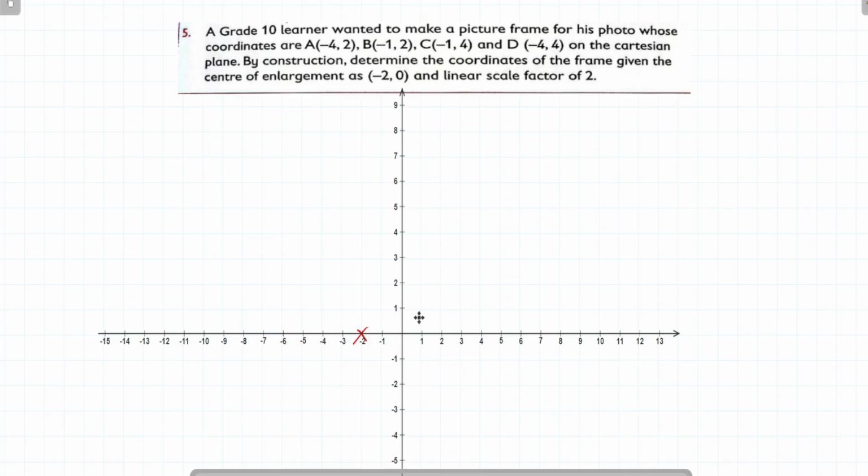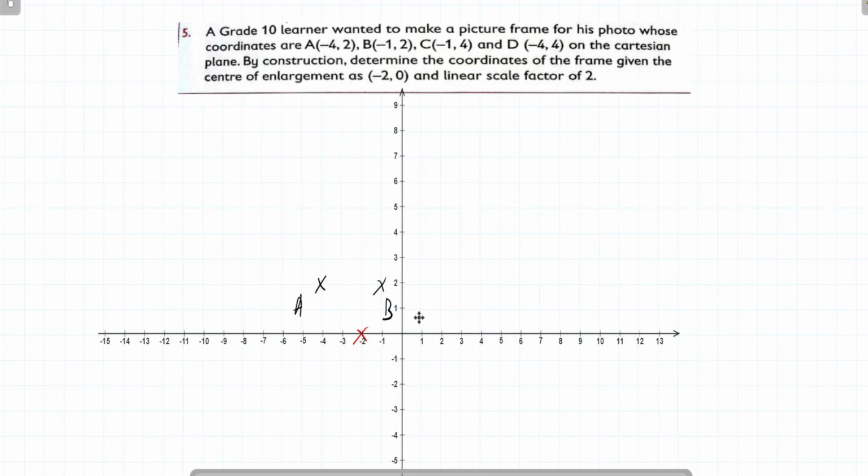Now a linear scale factor of 2 means its image will be in front of the object, so it does not have. Now let me use another different color to construct the objects. A (-4,2), which is supposed to be here. That is A. Then we have B (-1,2), which is supposed to be here.